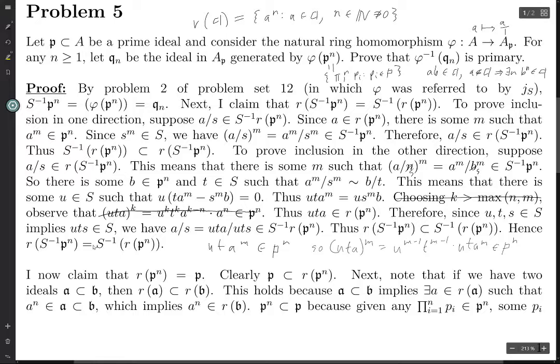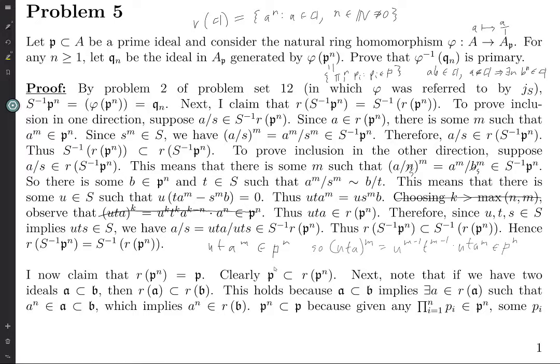Okay, the next thing I want: the radical of p to the n is equal to p. Certainly p is contained in this radical because any element of p is contained in p to the n, because you take the element and... Oh wait, is that obvious? It should be.